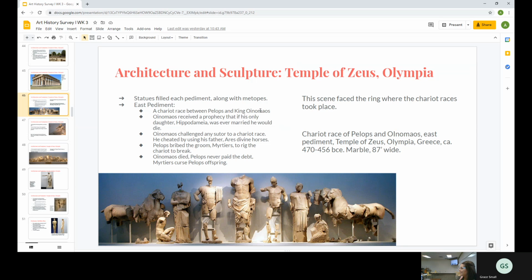Now, Pelops was supposed to, like I said, he bribed the groom. He's supposed to pay the groom off. He never did it. Groom angry. Groom very angry. Groom curses Pelops. Pelops also has an ill fate. It's not a good story, but it did fit the theme of the chariot racetrack that it faced.